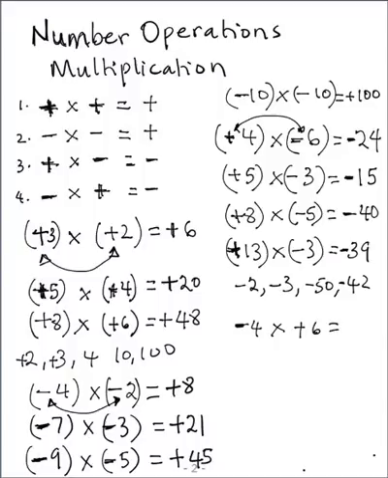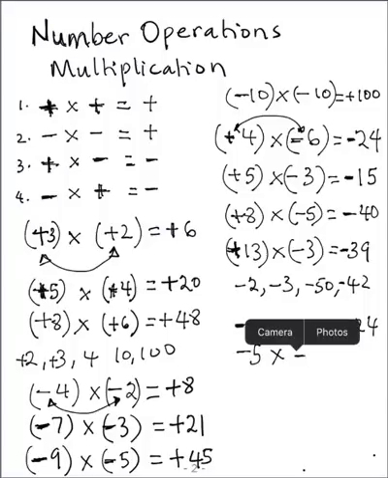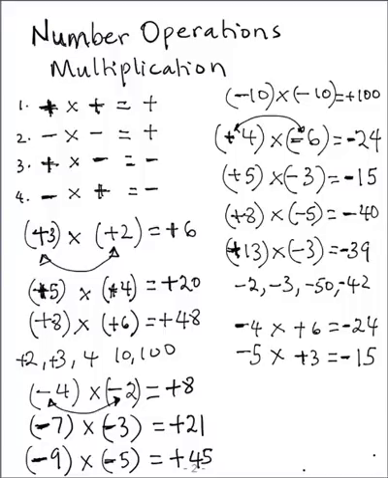Minus times positive will give us negative. Then 4 times 6 will give us 24. We do the same thing for minus 5 times plus 3. And minus times positive will give us minus, and 5 times 3, 15.